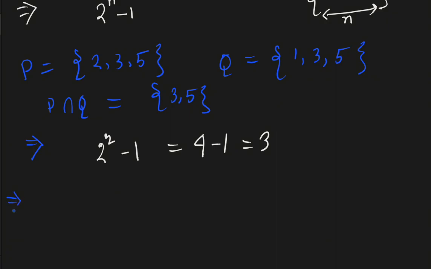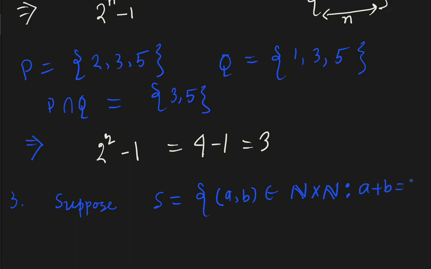So now let's move towards a new question, question number 3. Suppose A is the set of (a, b) belonging to natural numbers such that a plus b is 4.